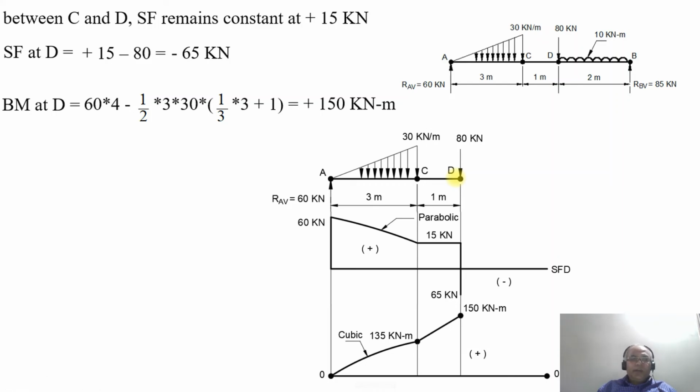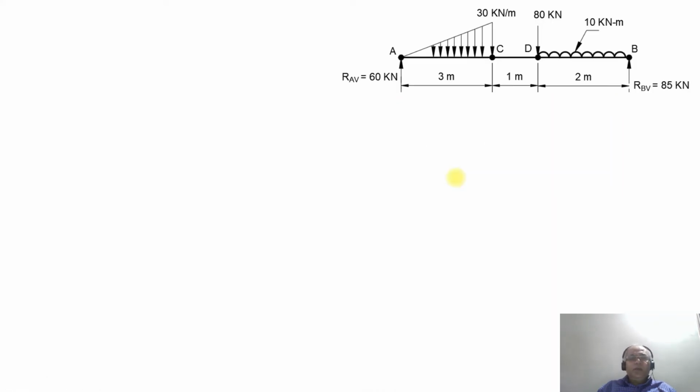Now we are going to consider one more span. That span has 10 kilonewton per meter up to 2 meters. So what is the shear force at this point B? Shear force at the point B will be equal to minus 65 minus 10 into 2, so you get minus 85 kilonewton.